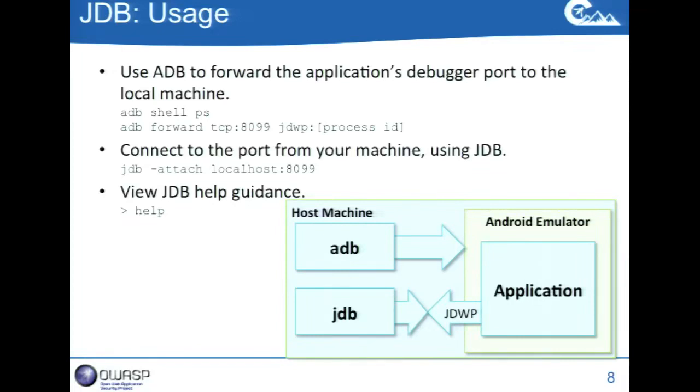And I'll use JDB in this example because it's the best one that I know of to do this, right? Most of the debuggers, like the Eclipse debugger or the graphical debuggers, expect to have source code, which if we're doing a black box penetration test, we're probably not going to have. And if some developer has shipped us their source code, we may have a hard time building it and launching it ourselves.